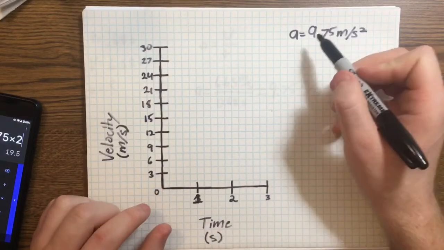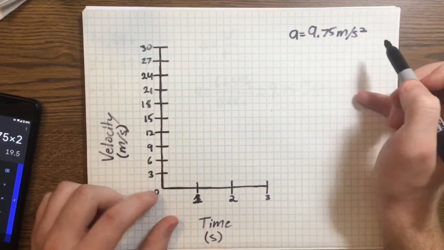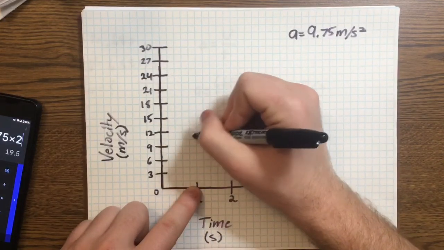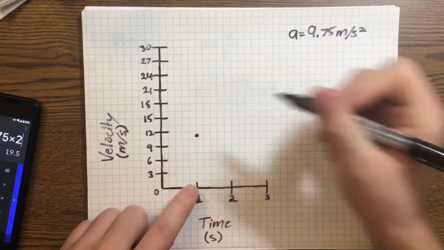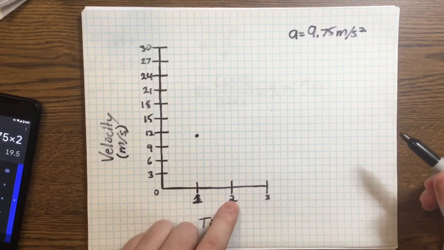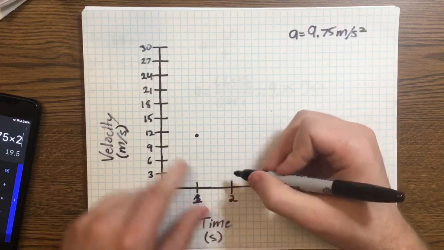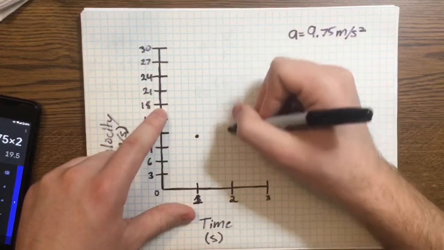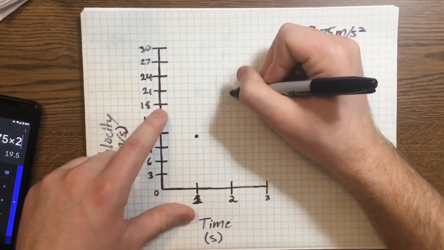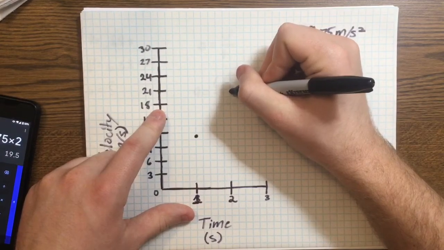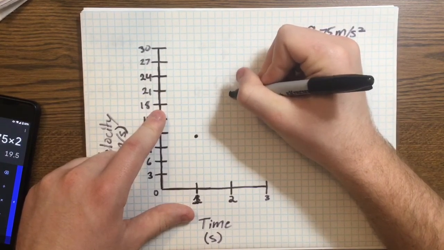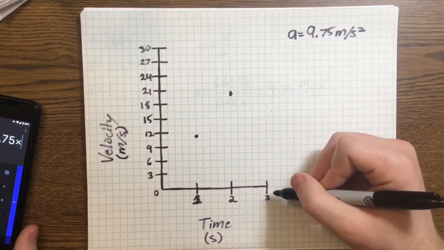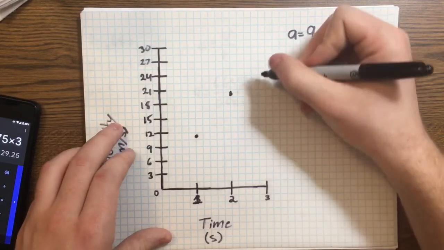So if we know that every second is going 9.75 meters, so at time 1, it should be at 9.75. At time 2, it should be at 19.5. And at time 3, it should be at 29.25.